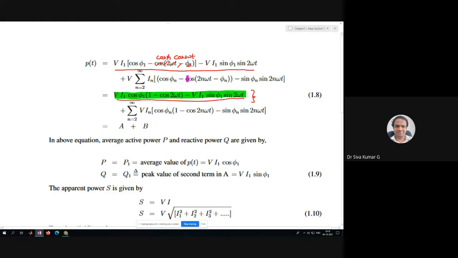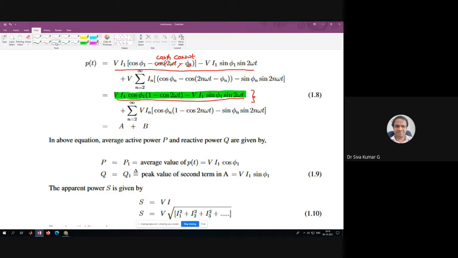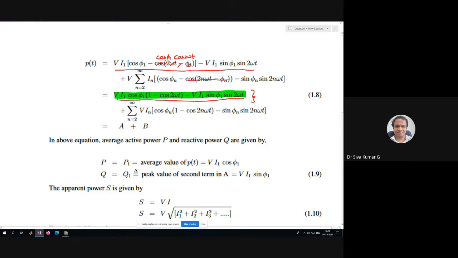It has to be cos phi n and then cos 2n omega t. This equation is also wrong. This should be cos phi n and cos of 2n omega t. Okay, then you get this particular equation.